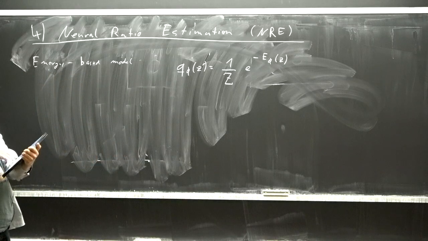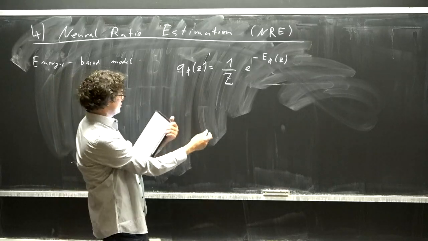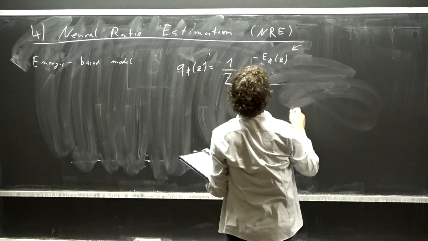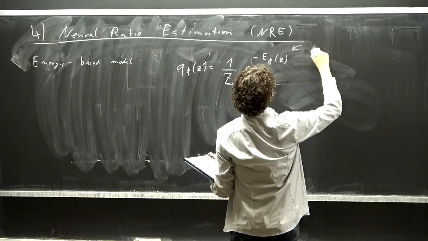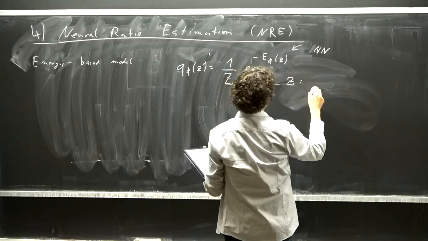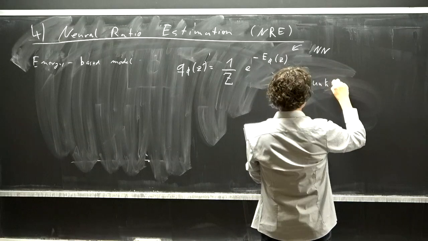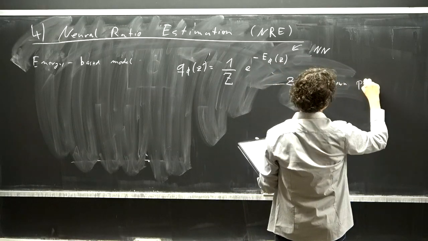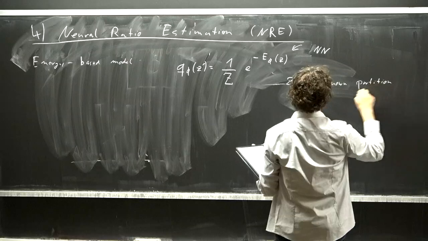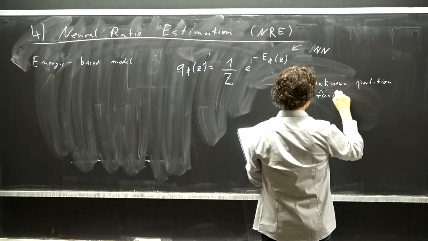As a physicist, you would call it maybe partition function, but here we want to model E. So we model this as a neural net. And we want to do it in such a way that we don't need to know the partition function, or we don't need to know the normalization.